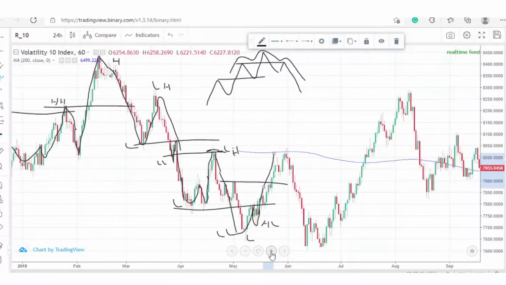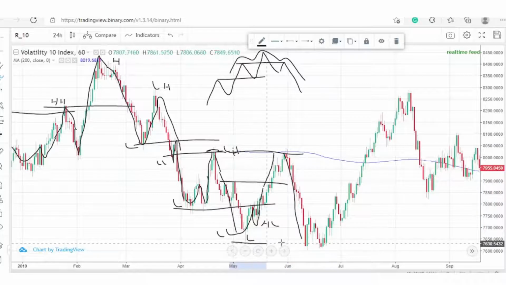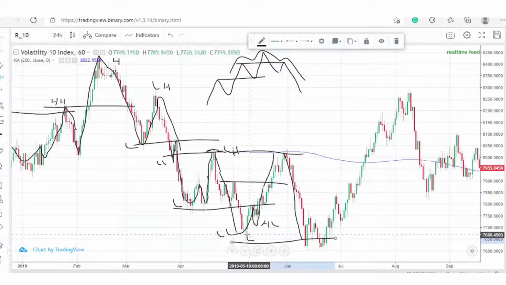Okay, so the market then came back to this low here, retested this low again, and pulled back all the way to this high. Because this high comes, you see this wick. I don't know if you can see this wick here.